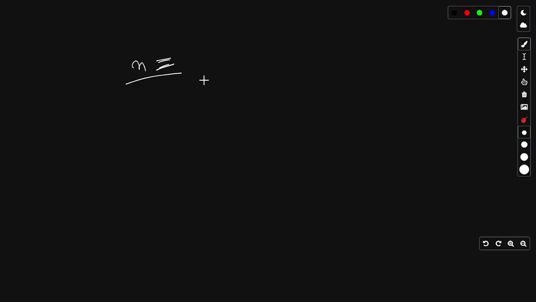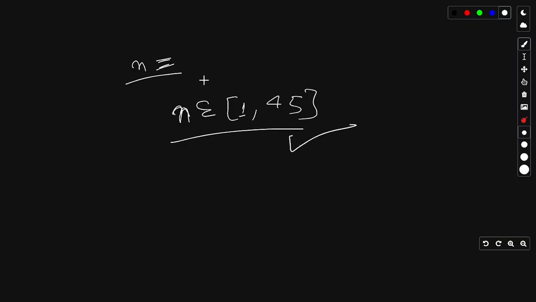So n belongs somewhere from 1 to 45, right? Within this range n will lie, and n is the number of stairs.